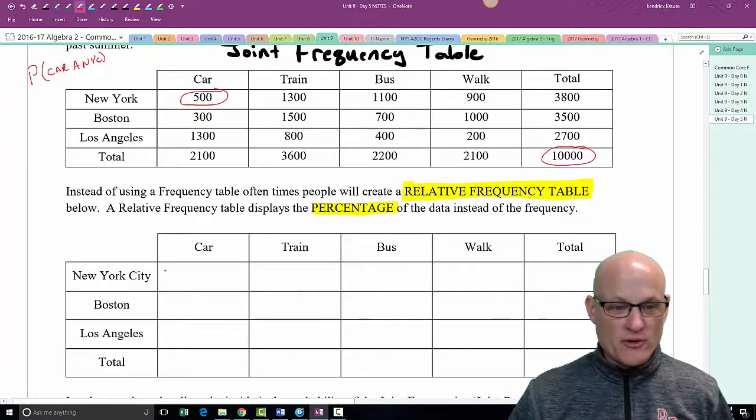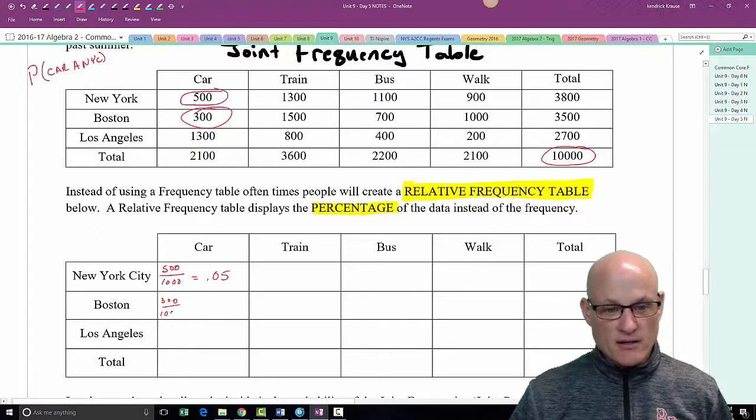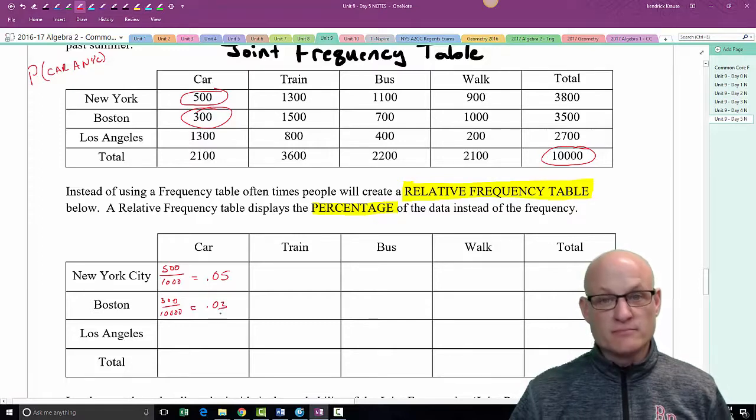Now, let me tell you how we're going to get these. I'm going to do a few of them with you. This is 500 divided by the 10,000 total. This one would be 300 divided by 10,000 total. I think you'll guess that that's 0.03.